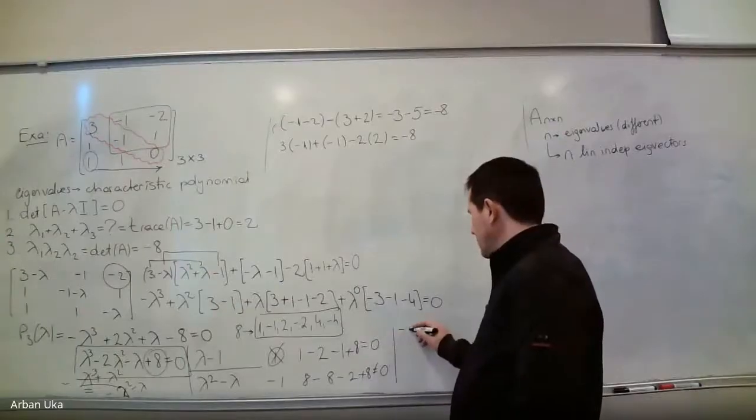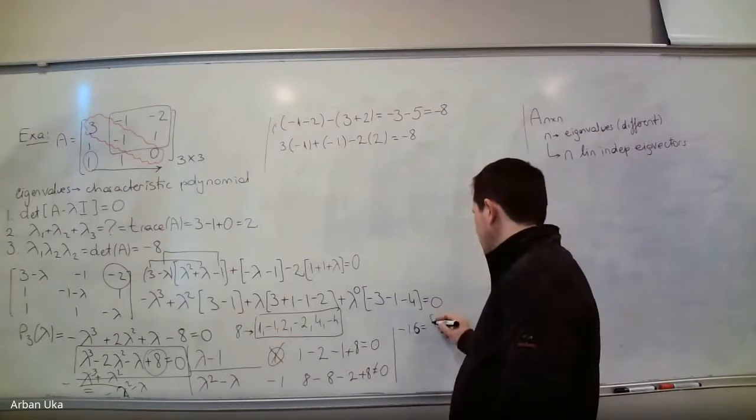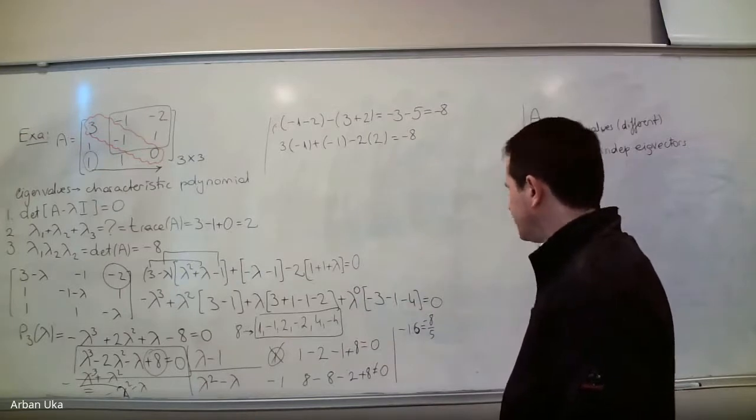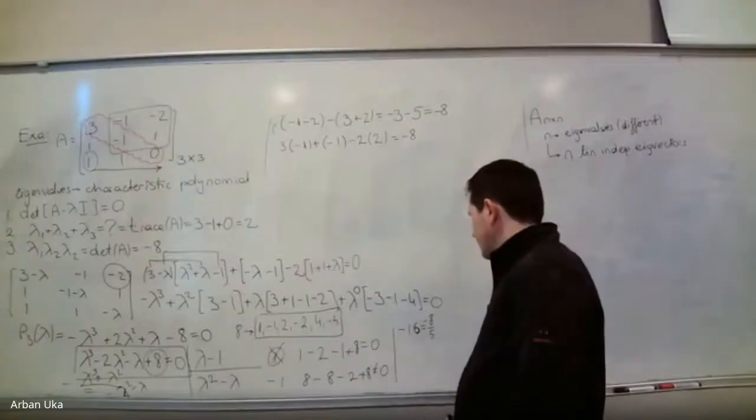Try minus 1.6 for lambda. Minus 1.6 would be something like minus 8 over 5, right? Let's try that. Do we have much hope in that? Approximately.